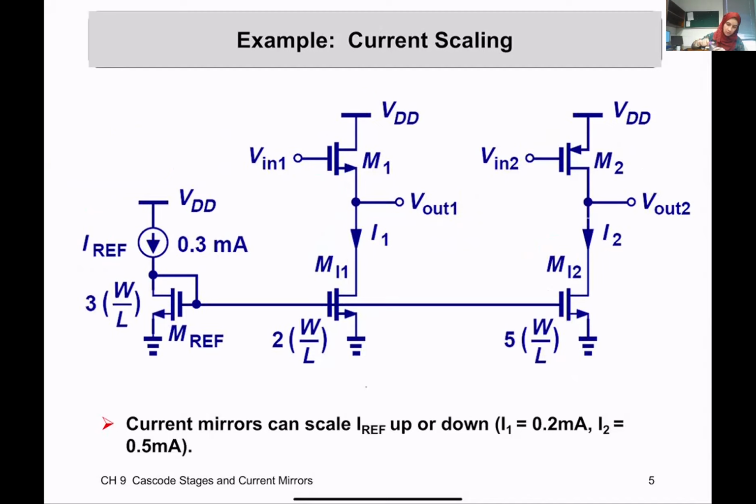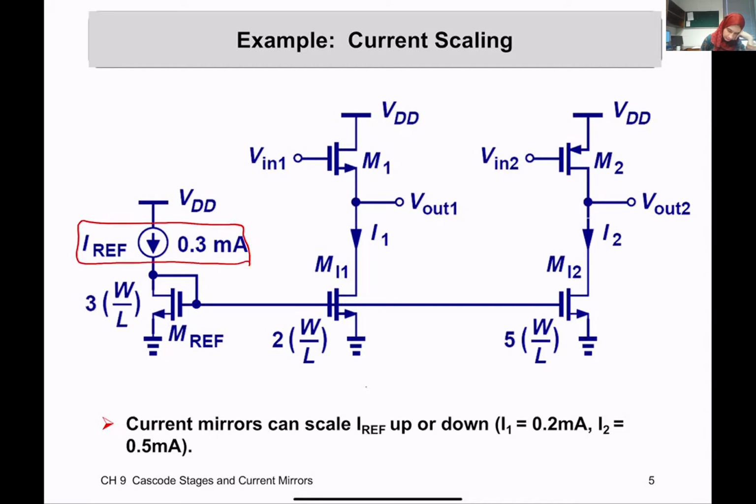You can see here that I have a fixed, or golden, current source, the reference of 0.3 milliamp, and I want to copy it into I1 and I2, however with different values. The Ls are going to be the same.